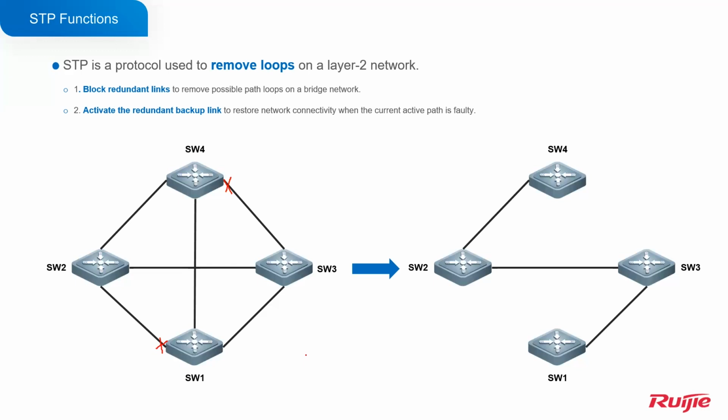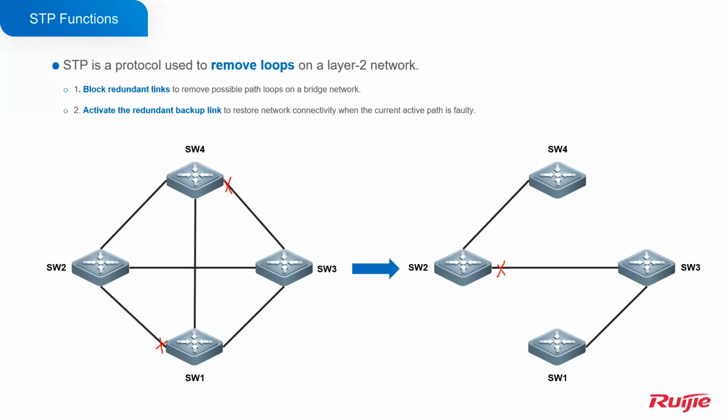But if we just physically disconnect these links, it causes a problem. Even though we have solved the problem of loops, if some fault occurs in the network, for example, if this link is faulty, we have lost the connection between SW2 and SW3. It would cause some communication loss in the network.